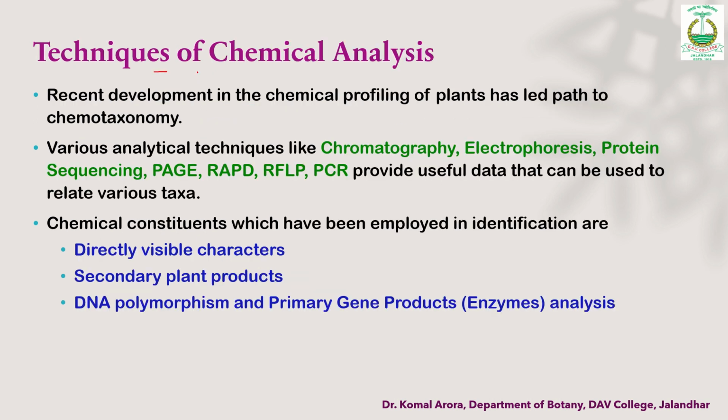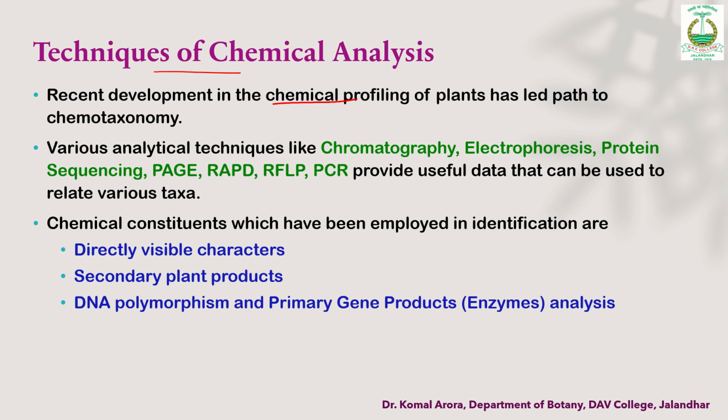Now, what are the techniques of chemical analysis in plants? There have been many techniques available nowadays to study chemical profiling of plants. There are different chemicals, like we may identify them at the genetic level, like DNA, proteins, enzymes, or there may be some compounds specially synthesized as a result of metabolism, which are called the secondary metabolites.